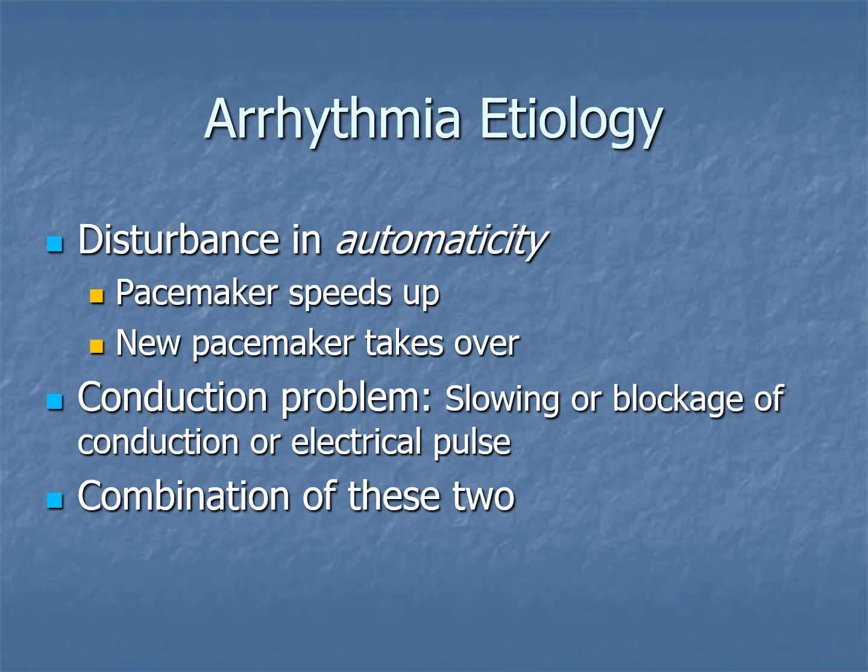The pacemaker speeds up, or as I talked about earlier in the presentation, a new, generally slower pacemaker takes over. It can also be a conduction problem, slowing or blockage of the conduction or electrical pathway. There can also be a combination of the two that accounts for dysrhythmias.